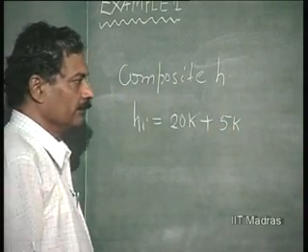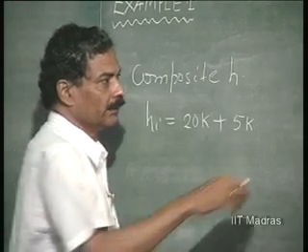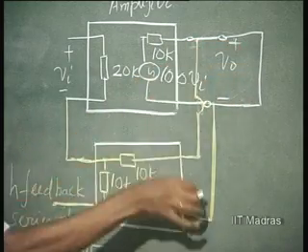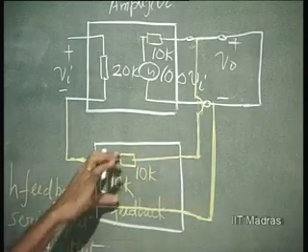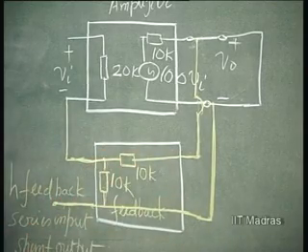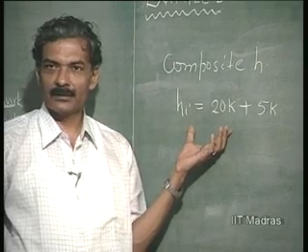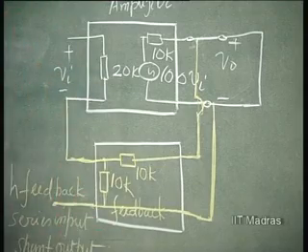Is this clear? This has been shorted because the output is shorted, output is common to both. So, it is so easy to evaluate the composite H parameter, because these two things come separately.